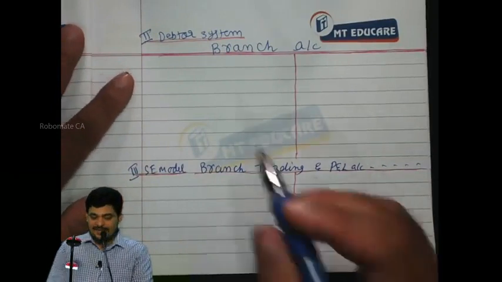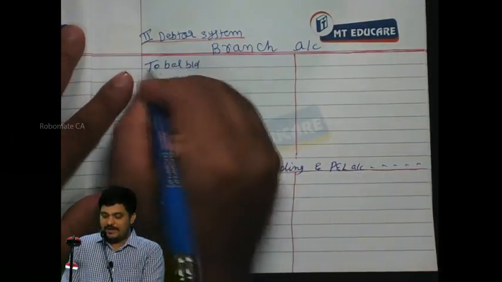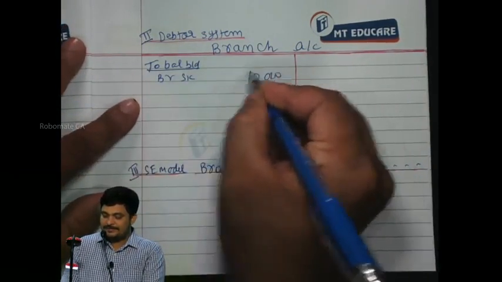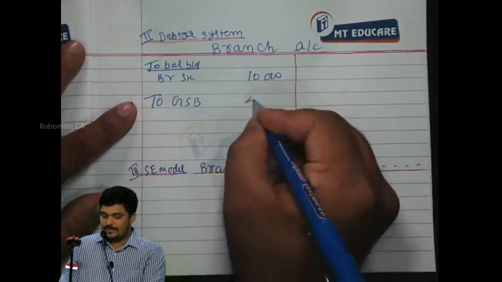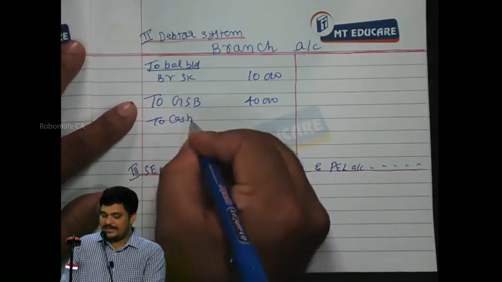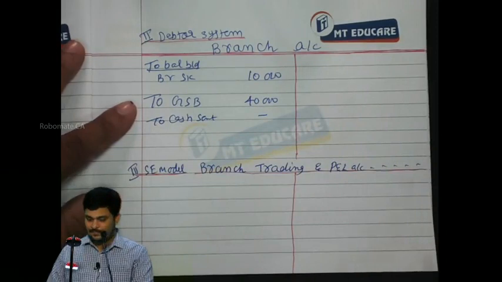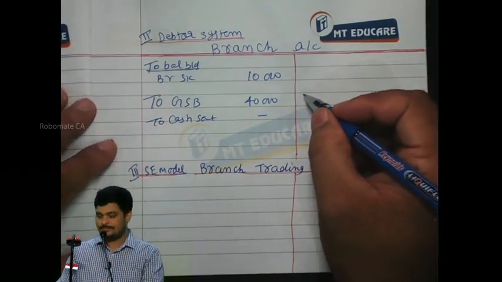Debtors system branch account, to balance brought down. We have only branch stock 10,000, to goods sent to branch 40,000. Cash sent, not there. Then we have returns. No returns.